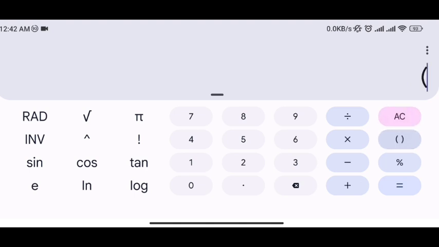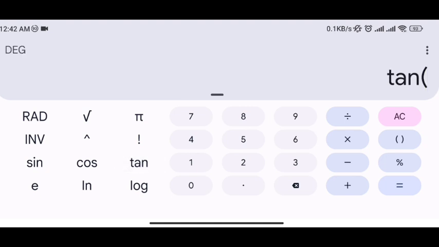You can use brackets. Here, 5 into 5 bracket 6 minus 6 bracket, here's the answer 0. All of the calculations are easy.